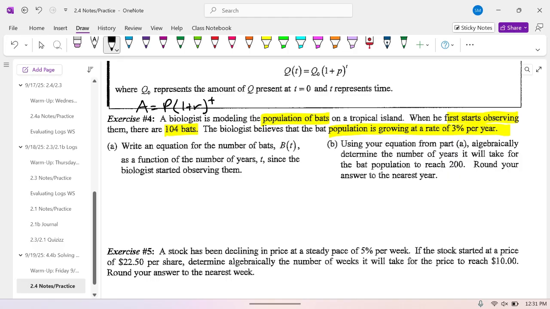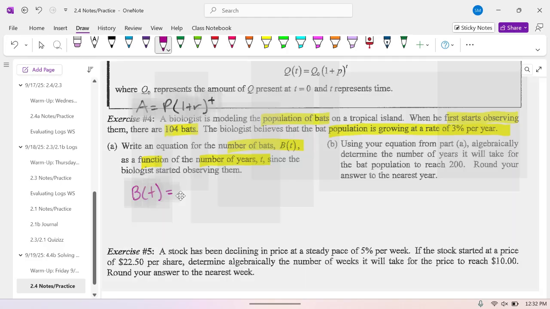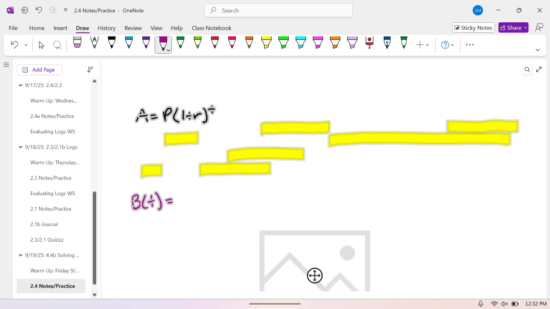So now it says for the number of bats B of t, we're going to write a function in terms of the number of years t. So B of t is my A value. So my P or my initial value would be what? What I start with? 104.